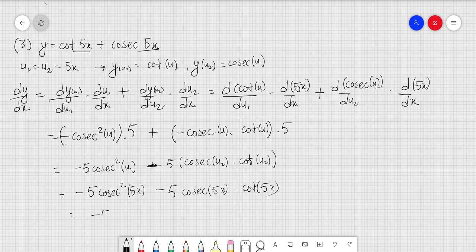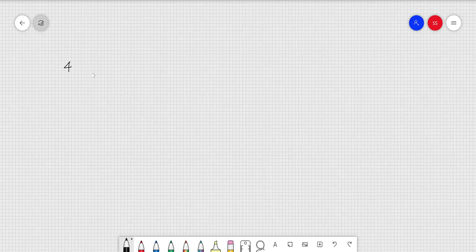If we take 5 cosec 5x common out of this equation, we will have cosec 5x plus cot 5x. So example number 4, if we have y equals cosec cubed 2x, I'm going to put this as a challenging question.